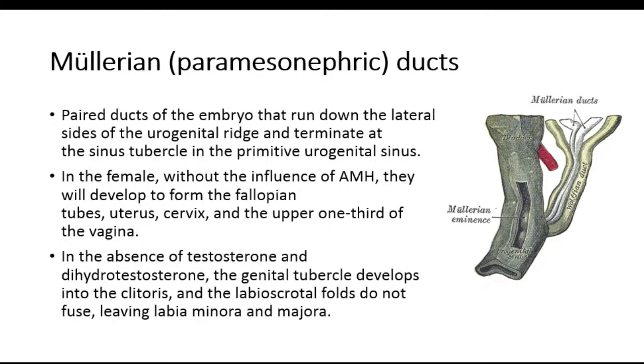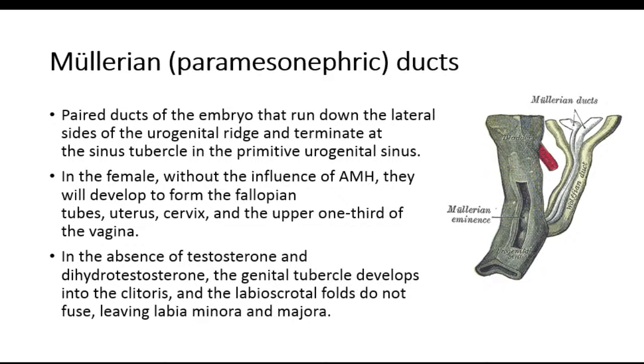So please remember that in a female, without the influence of anti-Mullerian hormone, Mullerian ducts develop into fallopian tubes, not ovaries, uterus, uterine cervix, and upper part of the vagina.